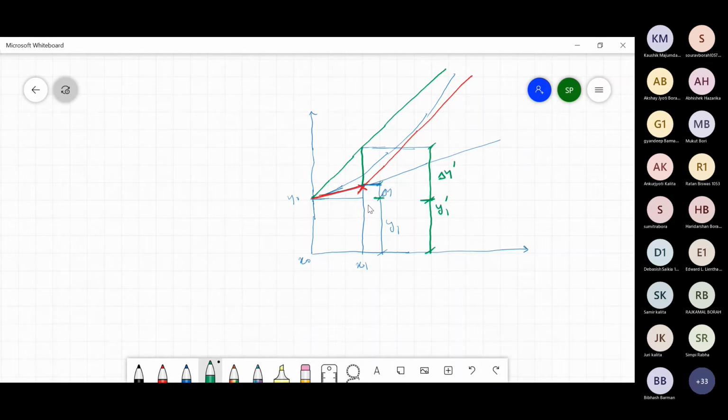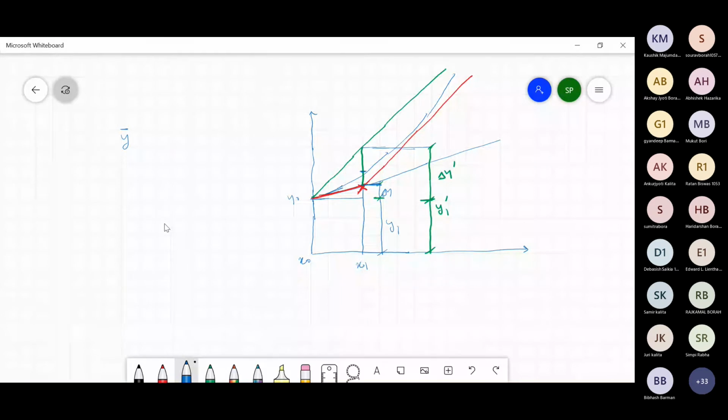So that means what we have done in this method is, rather than using a single delta y, we have modified this slope in this way, that we are using the average here.